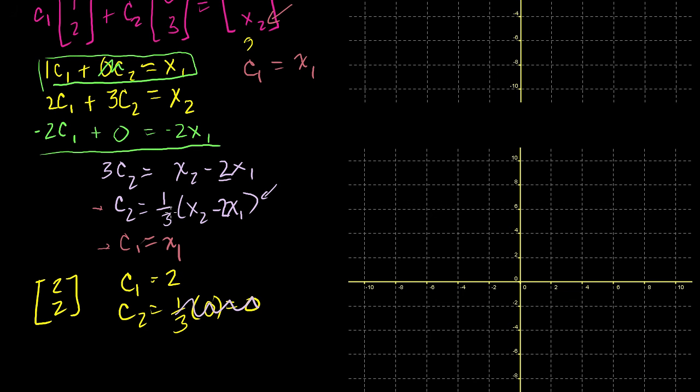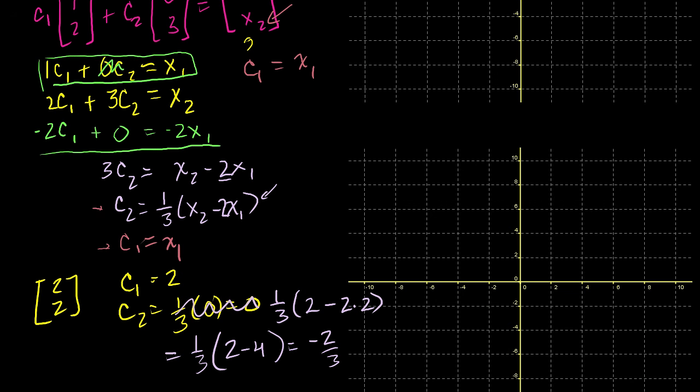So let's go to my corrected definition of c2. c2 is equal to 1/3 times x2, so 2, minus 2 times x1, so minus 2 times 2. So it's equal to 1/3 times 2 minus 4, which is minus 2, so it's equal to minus 2/3.